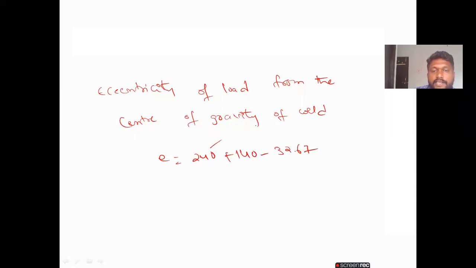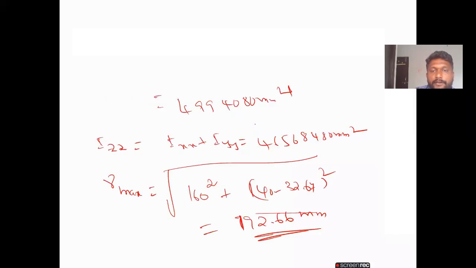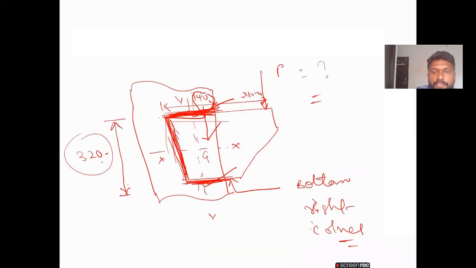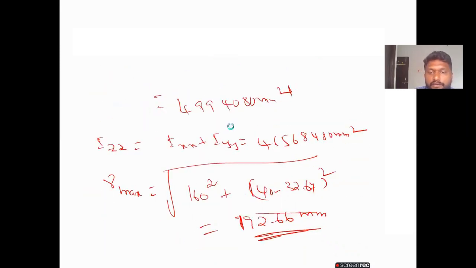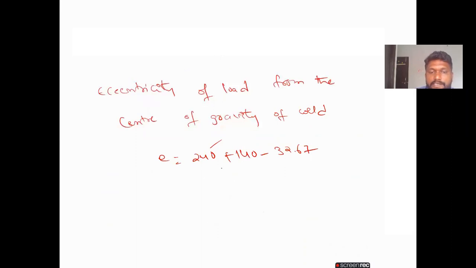So eccentricity is actually from here. Okay, I will show you. Eccentricity is this one from here to here. So this one is 240 and up to this point the value is 32.7. We have to remove that one. So then we will get the eccentricity. The value we got is 347.33 mm.